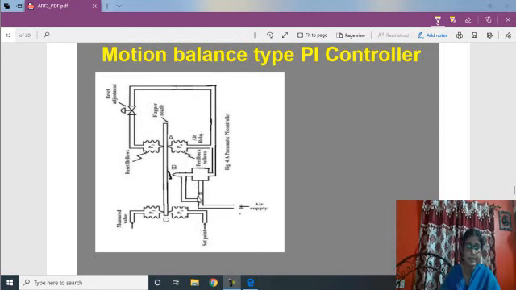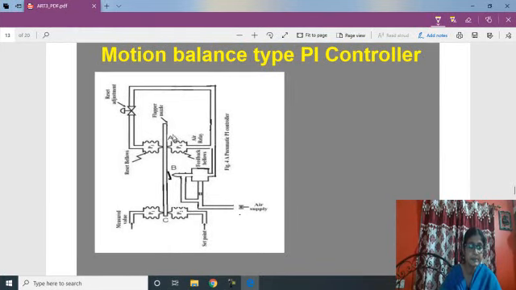This point A is where the two bellows elements both behave as controller elements. This portion is for the proportional controller, and this portion acts as the integral bellows element.